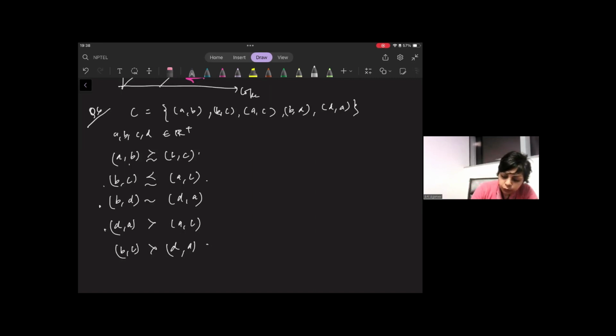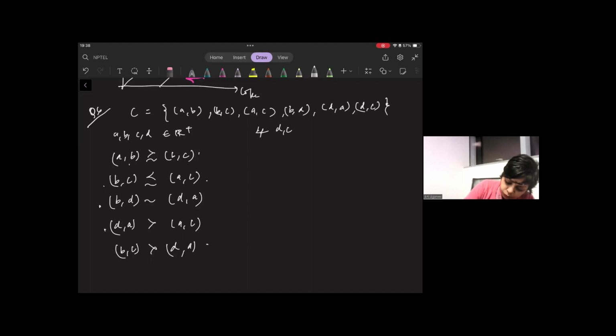Suppose there was another element in this, D comma C, and the preferences were given as what you're given, then the axiom of completeness would be violated, right?